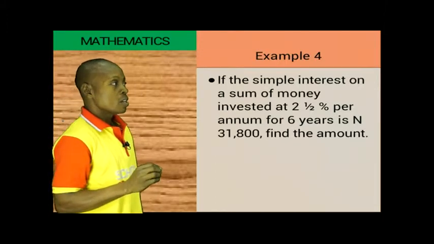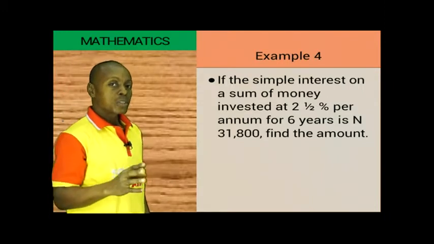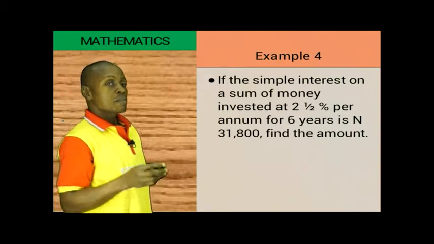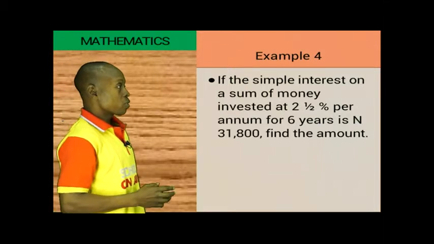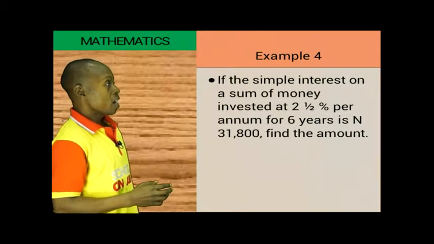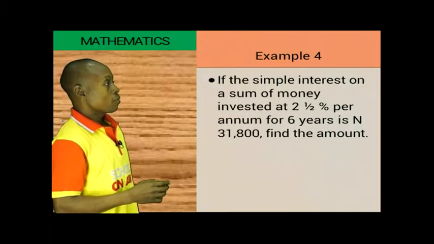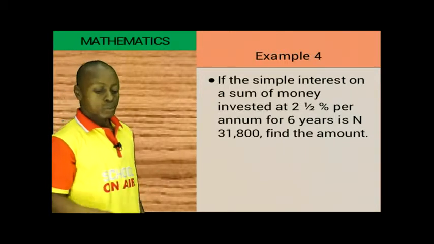You have to take note of that. Here we are requested to get the amount, so for us to get the amount, you must have the principal and the interest. When you look at the question, you are not given the principal, so you have to get the principal before you can get the amount.